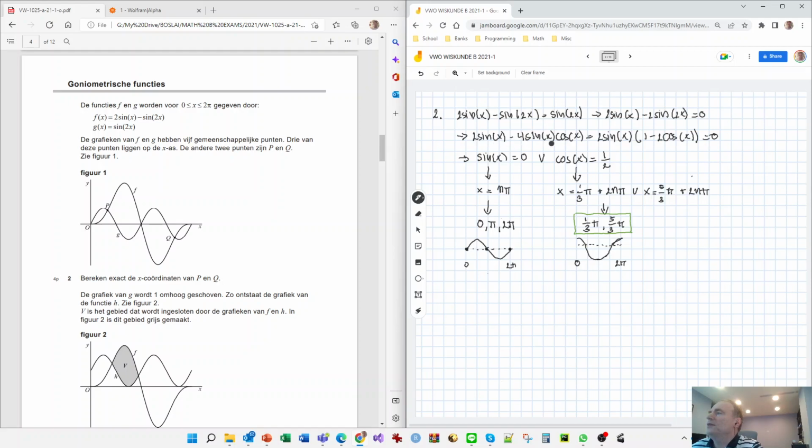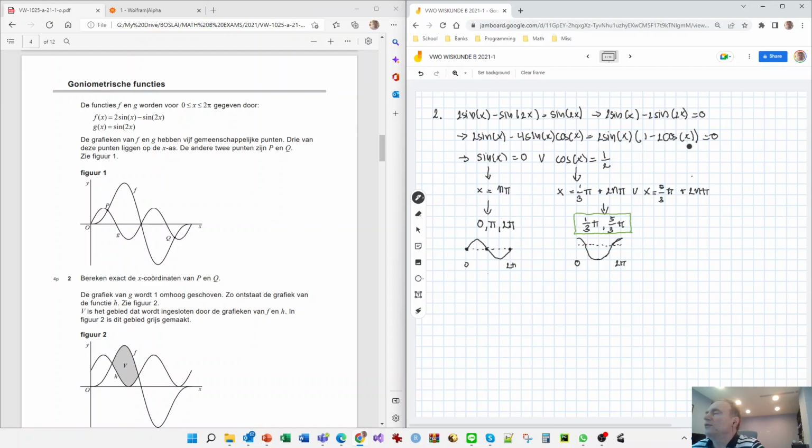So I did it here a little bit different. I just used the equation of the double angle, which is given in the exam. And if I do that, I can factorize the sine of x, and I get the term 1 minus 2 cosine x has to be 0.